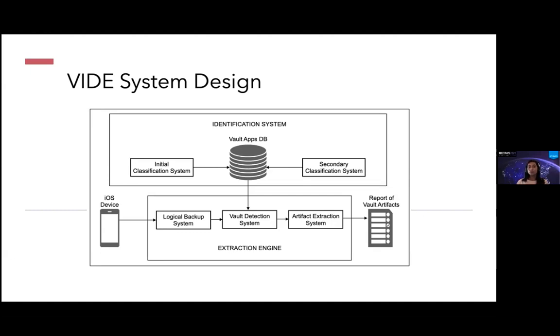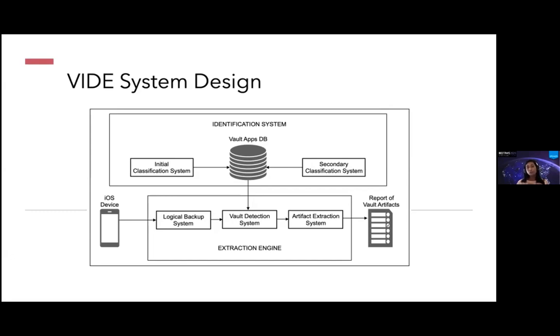If law enforcement has access to any of the user's mobile devices, and wants to directly approach the vault apps installed on a user's device without having to extract data from other applications in the device, because the most secretive stuff is stored inside a vault application, then the VIDE system will use its extraction engine to acquire a logical backup of the phone.